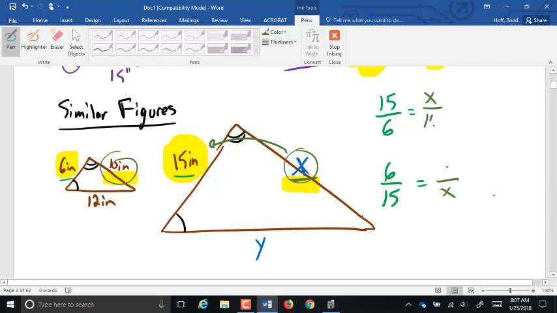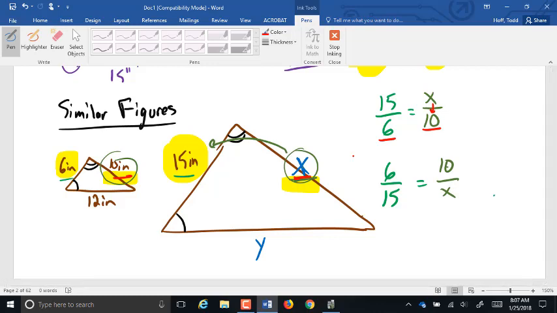The 10. Notice that 10 fits in there because it has a relationship in both ways. The 10 is the side that corresponds to X, but it's from the same triangle as the 6. It has that relationship with the 6 and with the X. The 15 and the X are from the same triangle. 15 corresponds with the 6. It has that relationship in both directions.